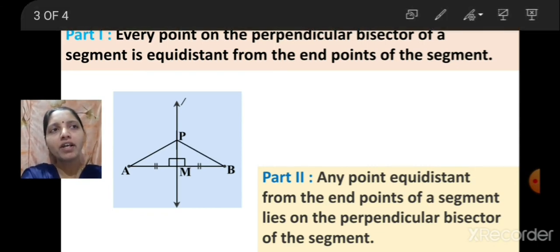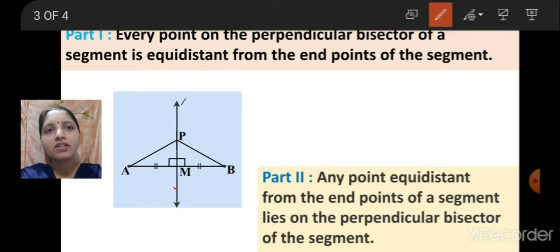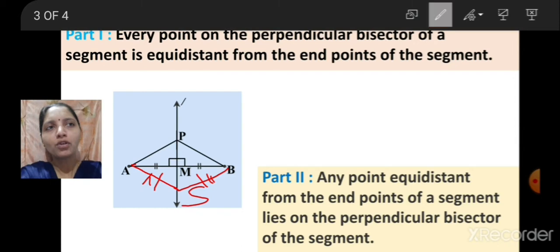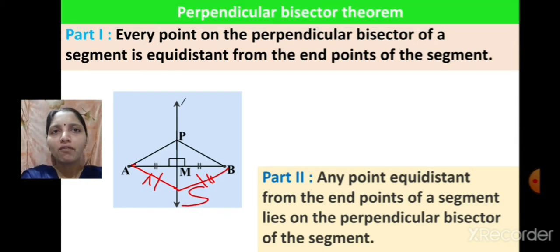Suppose I consider this point S on this perpendicular bisector, then this point S is also equidistant from point A and point B. So these distances are also equal. I hope you all are clear with the first part.